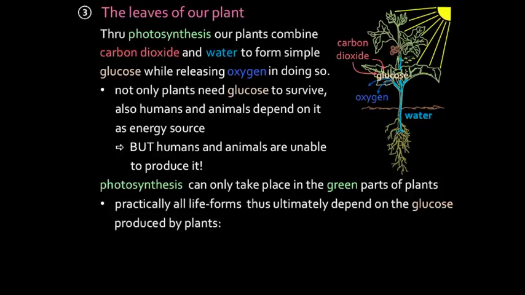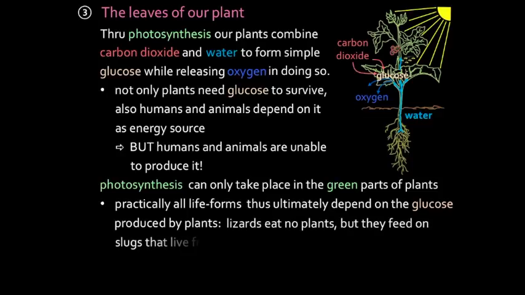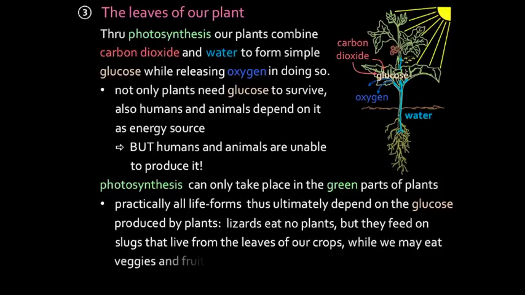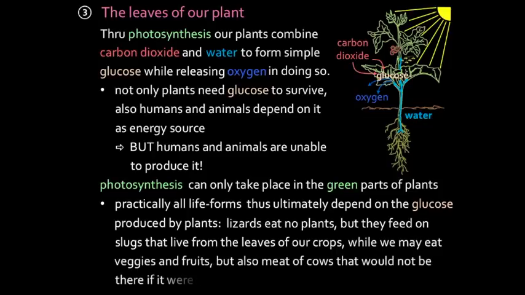Practically all life forms thus ultimately depend on the glucose produced by plants. Lizards eat no plants, but they feed on slugs that live from the leaves of our crops, while we may eat veggies and fruits, but also meat of cows that would not be there if it were not for the plants that they feed on.